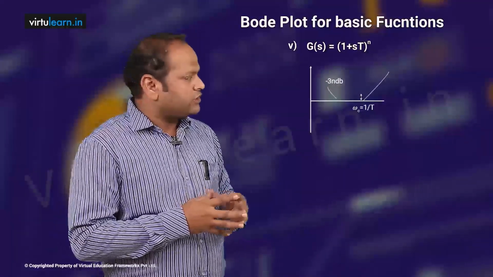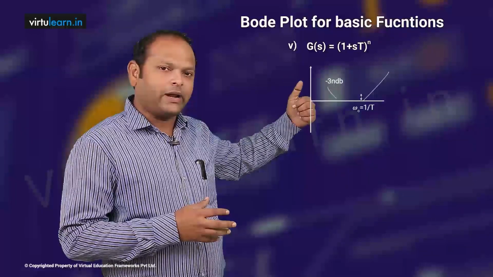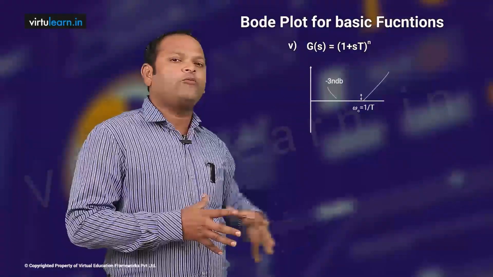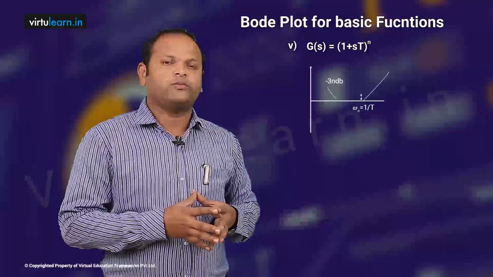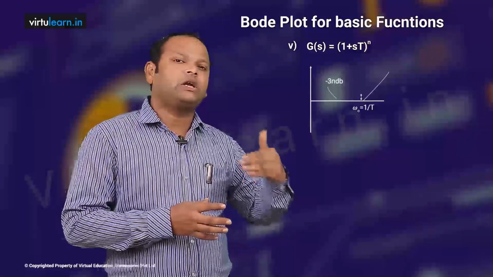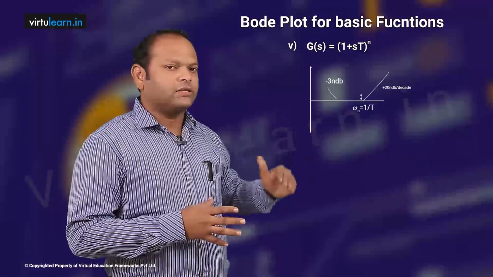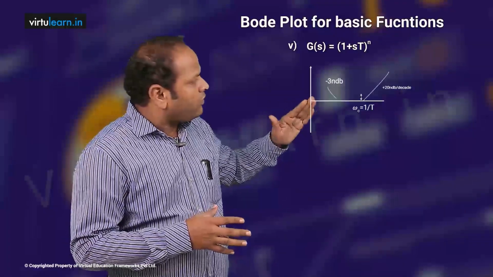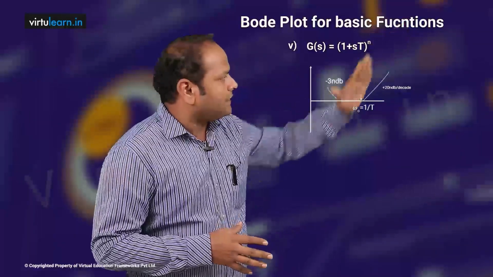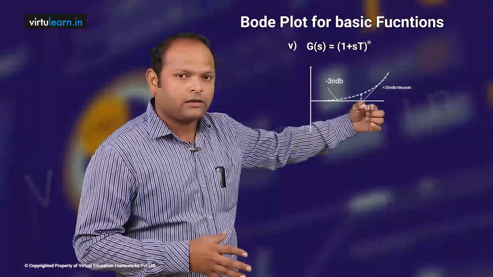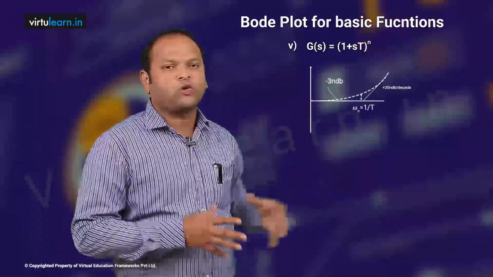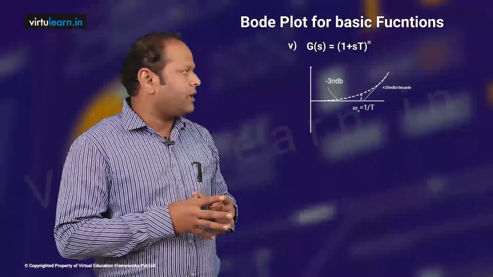And how is it going to change? Since we have the terms in the numerator, the corresponding slope will be positive, which means we have plus n times 20 dB per decade slope. So the plot will go like this. From omega c a straight line, then after that it increases with the slope plus n times 20 dB per decade.